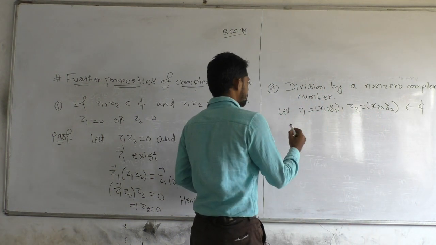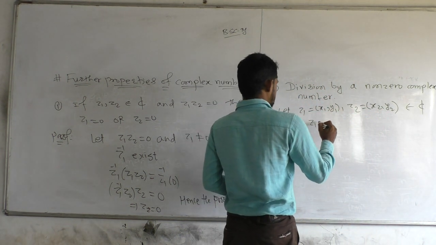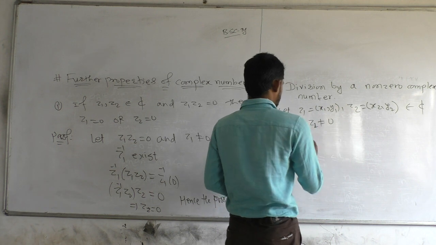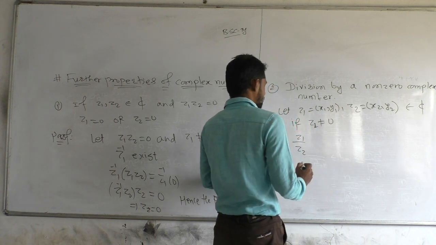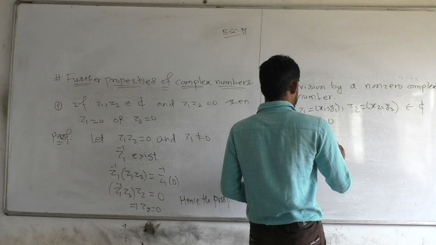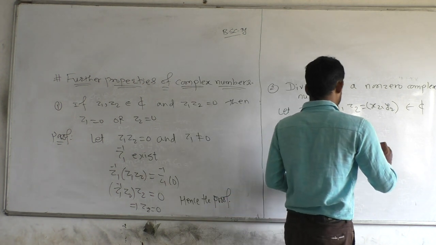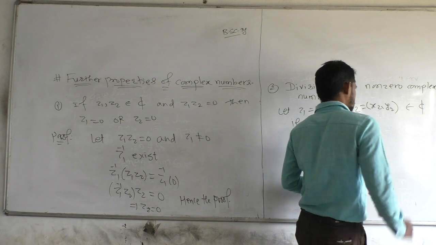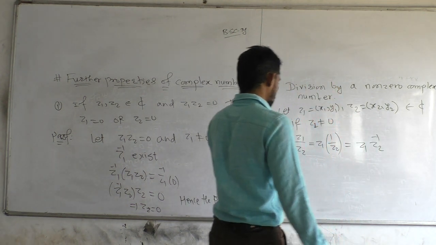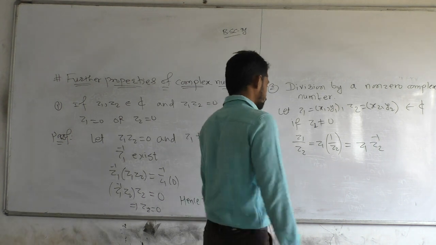Now we have, if Z2 is not equal to 0, then Z1 divided by Z2 can be written as Z1 times 1 by Z2. It can be written as Z1 into Z2 inverse. So we can calculate this.